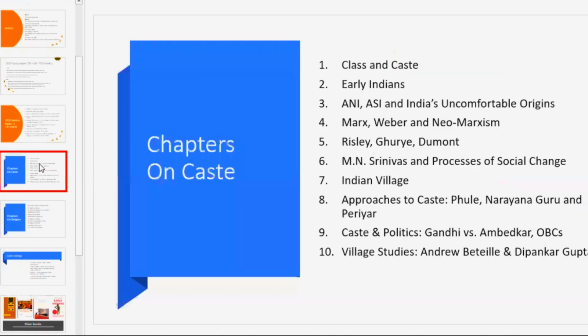So finally, you have these chapters on caste. Class and caste, early Indians, ANI-ASI, that is ancestral North Indians and ancestral South Indians, Marx, Weber, Neo-Marxism, Risley, Ghurye, Dumont, M.N. Srinivas, village. So caste and politics, village studies. These are the chapters on caste.